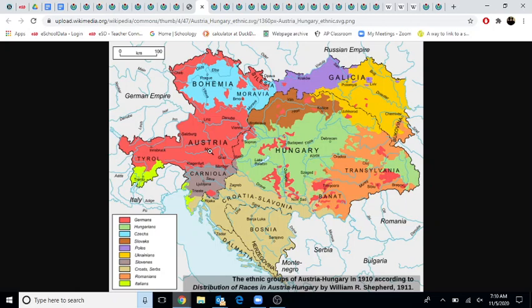There's lots of groups, Czechs, Slovaks, Ukrainians, Poles, Romanians, Serbs, Croats, Slovenians, all of whom want to be independent and want to break away. And that's going to make Austria-Hungary very unstable. And actually, Austria-Hungary is going to be the country that causes World War I, arguably. Because they're so unsettled, they feel the need to cause a war to try to gain control of the situation, and they end up just destroying themselves.